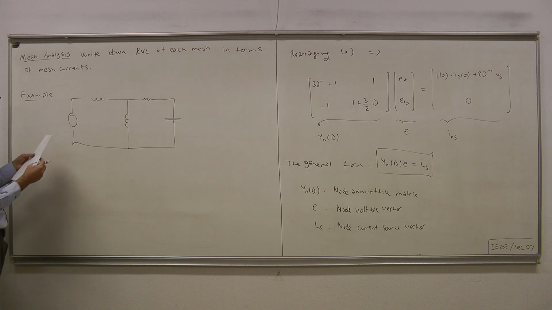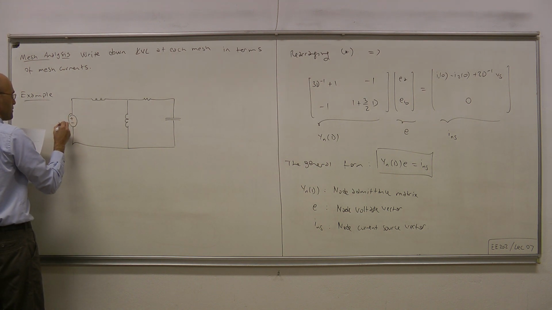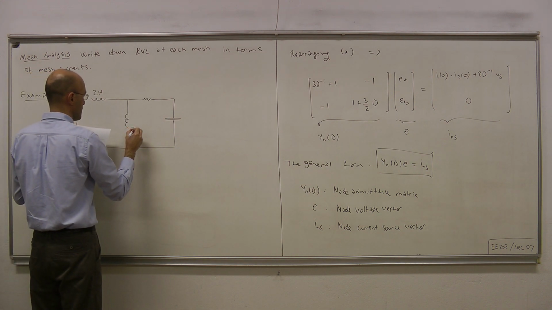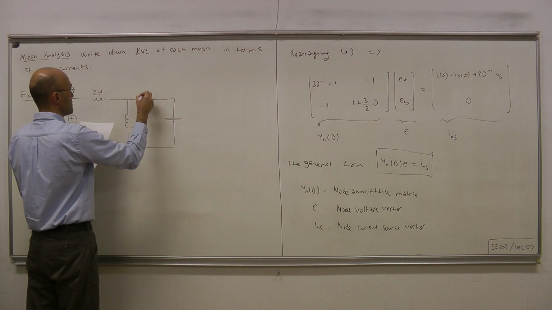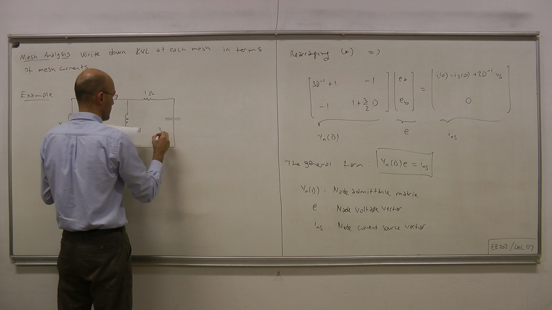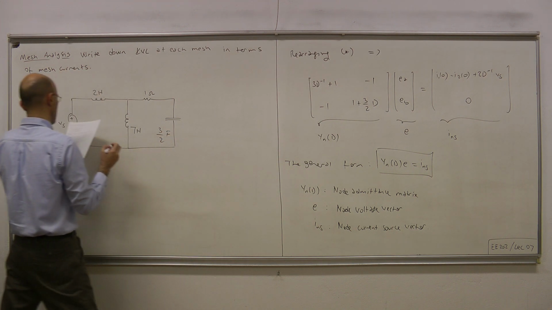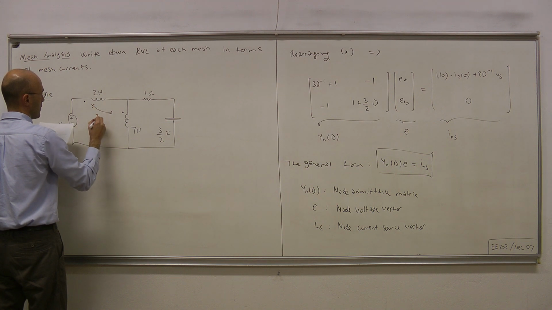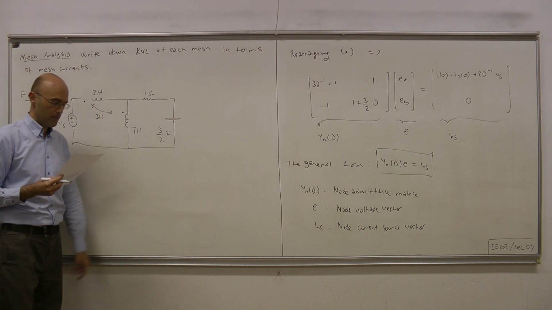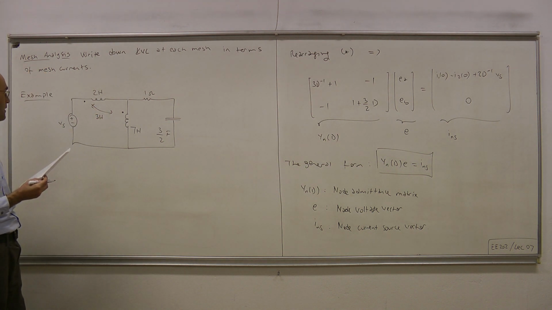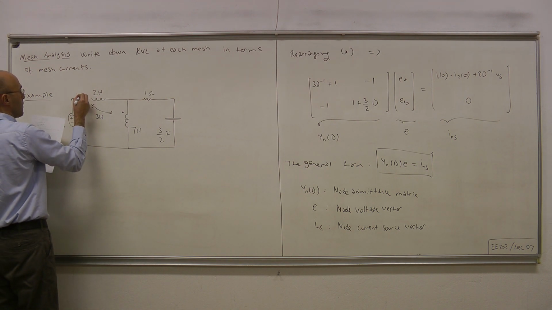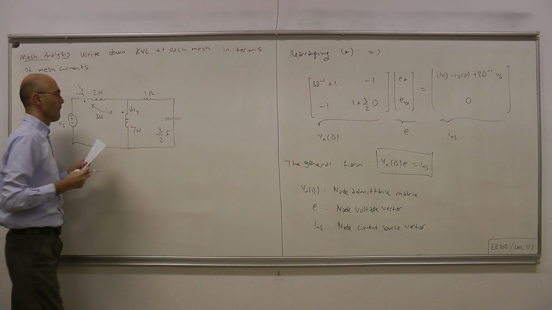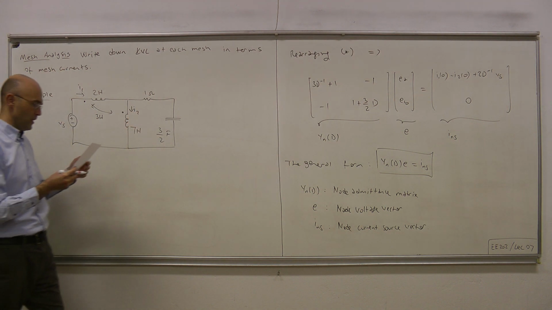Third order, so plus minus Vs, 2 Henries, 7 Henries, 1 ohm, 1.5 farads, 3 Henry for the mutual inductance, and the currents were labeled as I1 and I2.